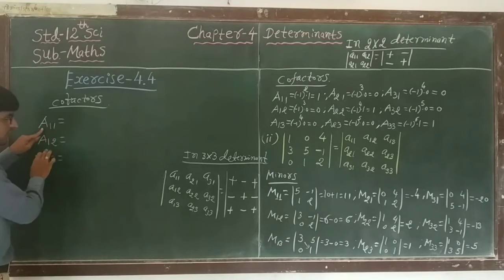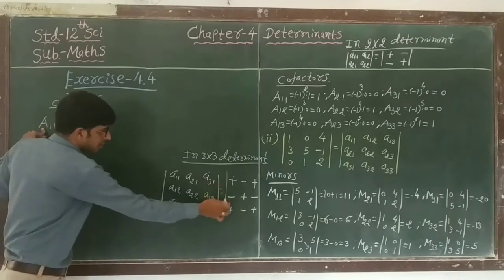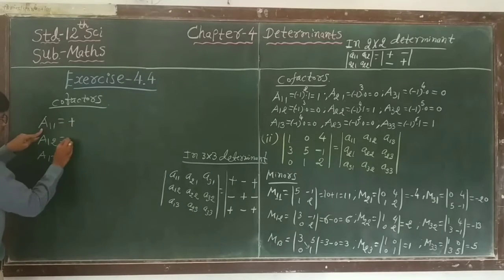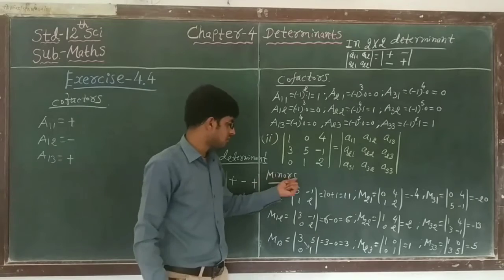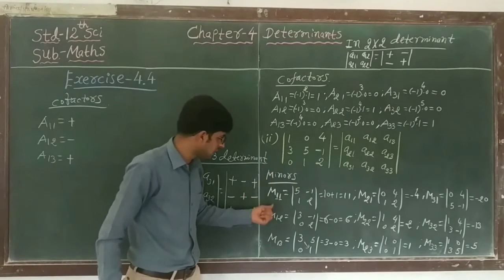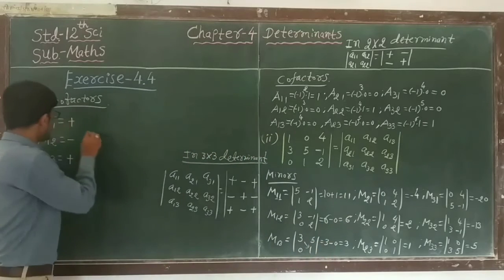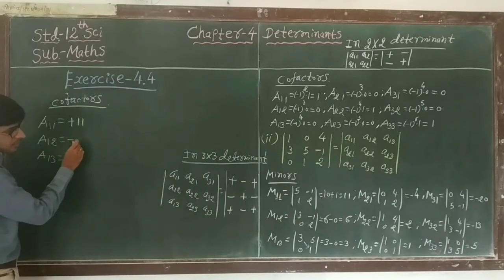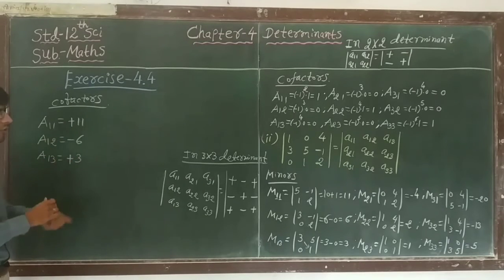So A11, A12, A13 have plus minus plus. Simply we have to multiply by the minor of the given element. So M11, M12, M13 are 11, 6, 3. So write down 11, 6, 3. So it gives the cofactors of the given elements.